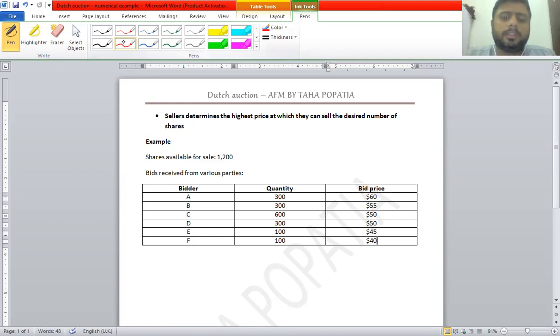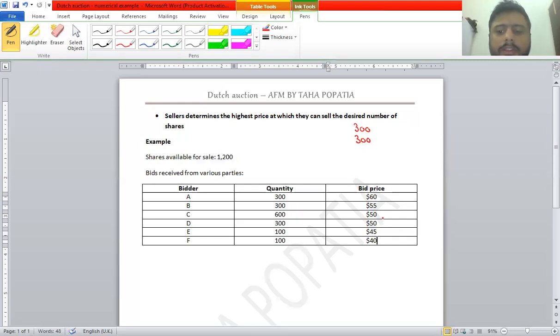For example, A has given us the highest bid, which is 60, and he wants 300 shares. After that, B wants 300 more shares, but he is willing to pay 55. So 300 and 300 is 600.